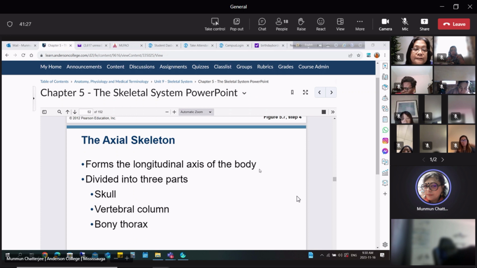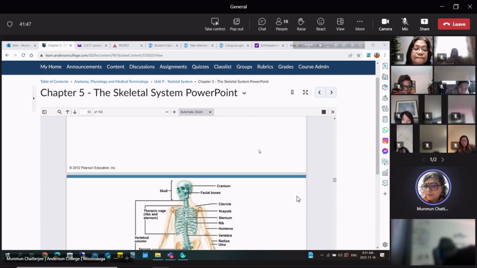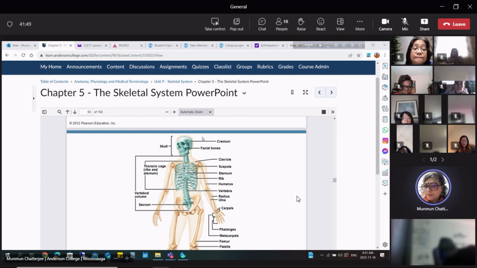So what is that? Our head, which is the skull, we have the vertebral column, which gives you the back support, and your bony thorax. Why is it called the bony thorax? Because the thorax is covered by bones, the ribs. So that is called the bony thorax. This is the skull.